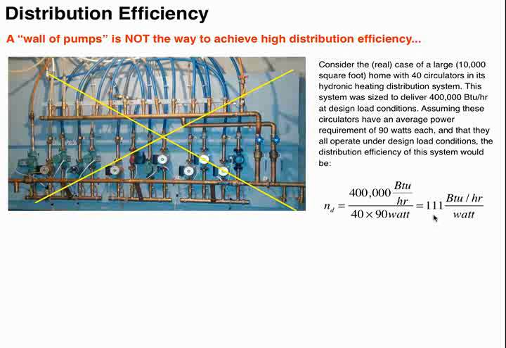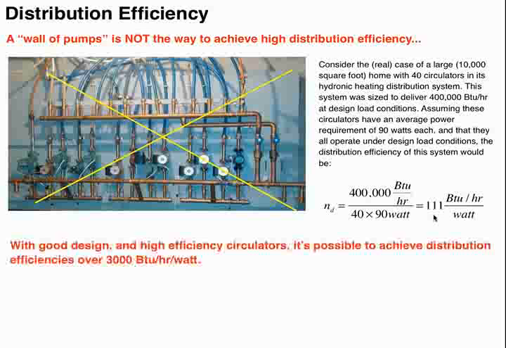We get this number here. And that's considerably lower than where we started. So it's actually lower than the forced air system. So the wall full of circulators is really not what I would consider a state-of-the-art approach. You typically do not see this kind of stuff going on outside of North America. So maybe that's a clue that we should stay away from that stuff.